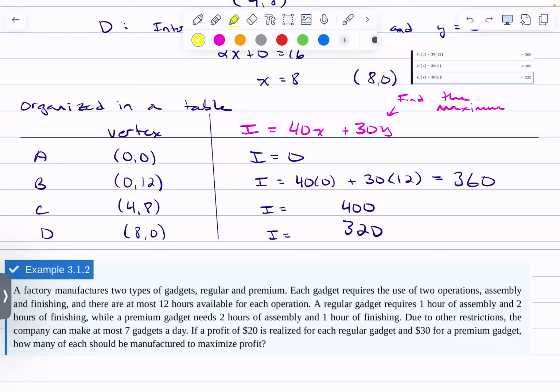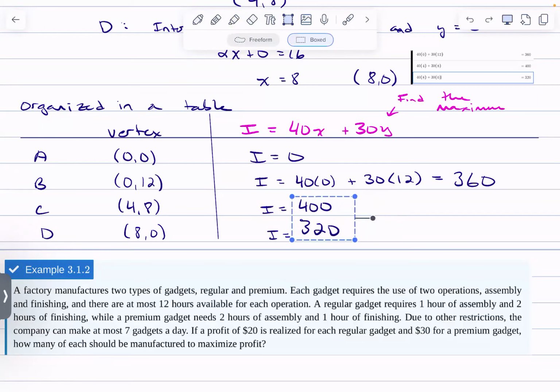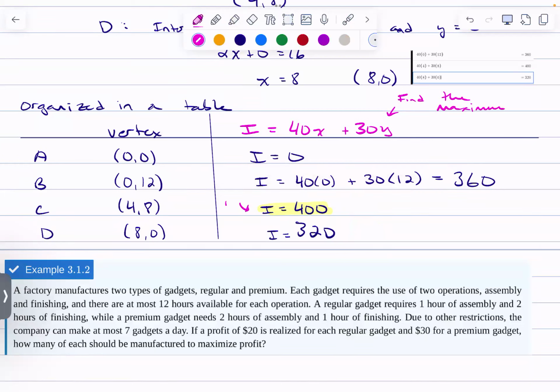And maybe I'll do this. This is the maximum. You've got other options. They're reasonable, but 4 hours at job 1 and 8 hours at job 2.